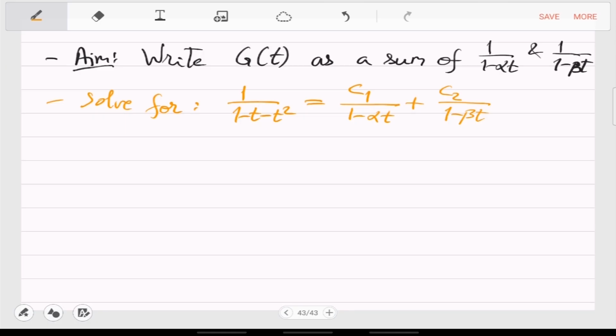So you take the LCM and then you see that you get 2 constraints on C1, C2. So there are 2 unknowns and there are 2 constraints, right? So you can solve it hopefully. So you do this and you will actually find C1, C2.